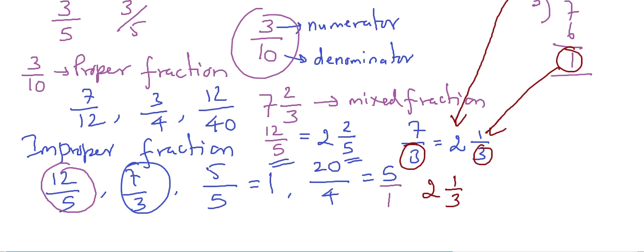For that, we need to multiply the whole number part by the denominator and add the numerator of the fraction, with the same denominator. The denominator of the fractional part is 3, so the denominator will remain the same. So we get 2 into 3, 6, 6 plus 1, 7, 7 by 3.